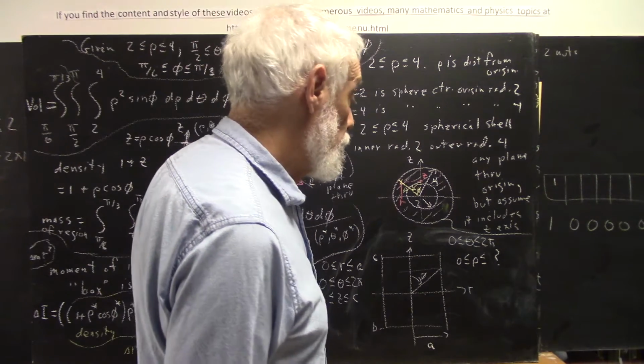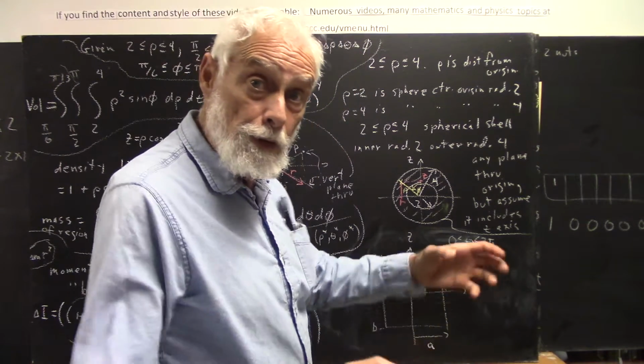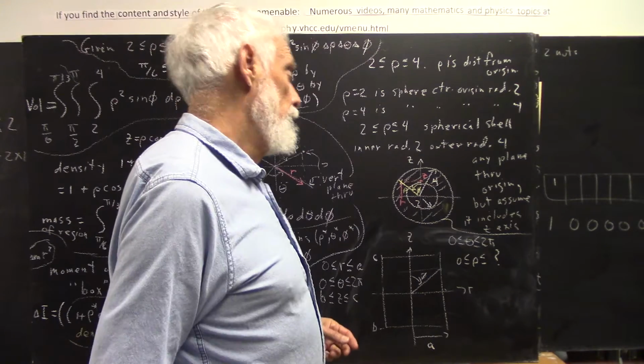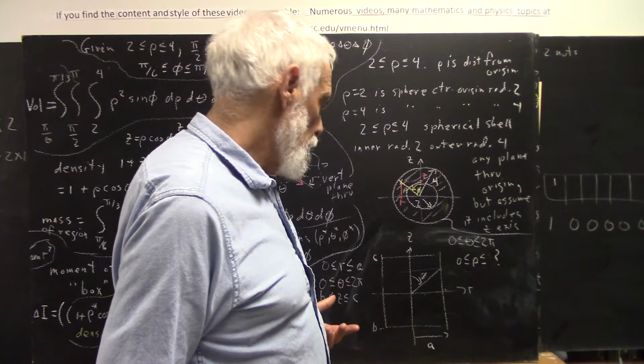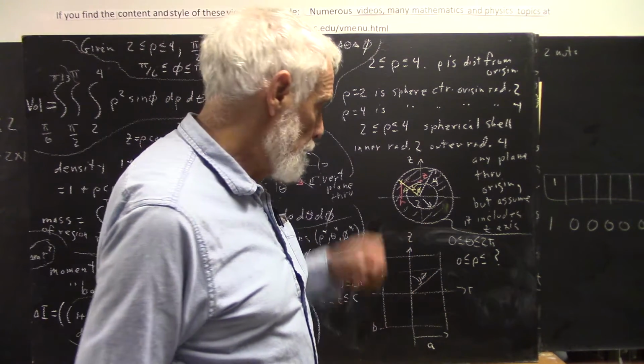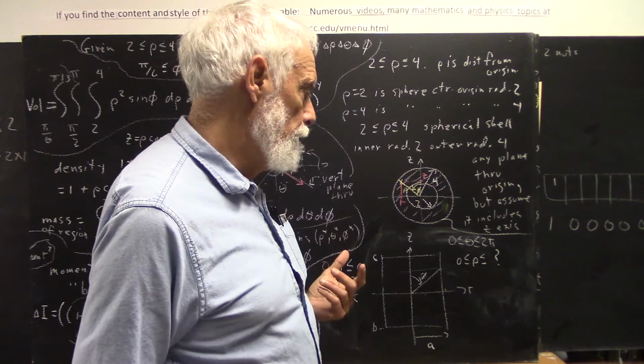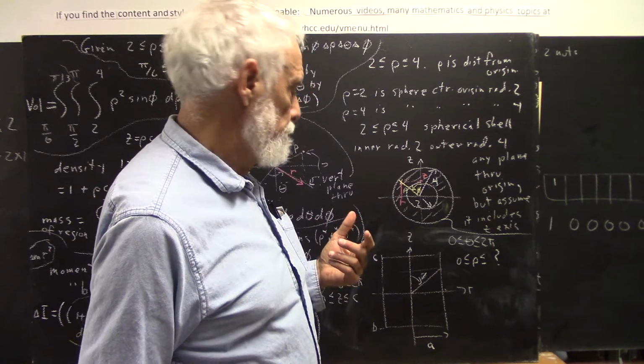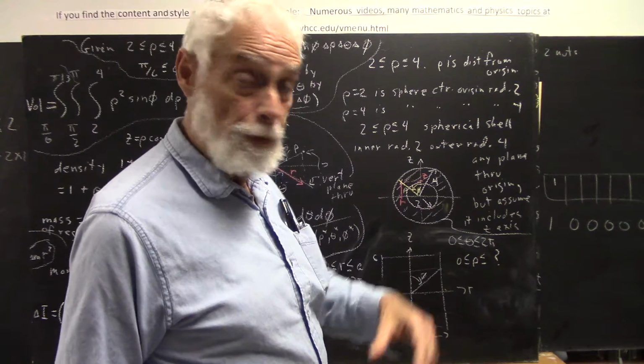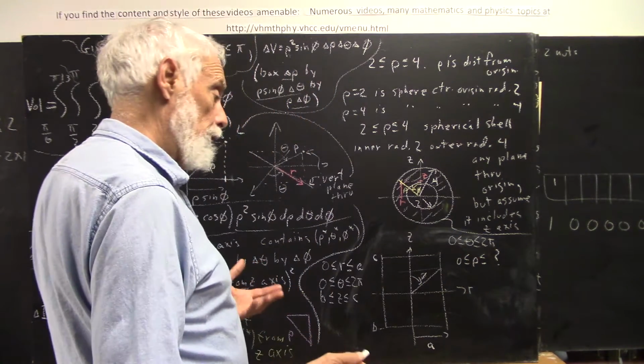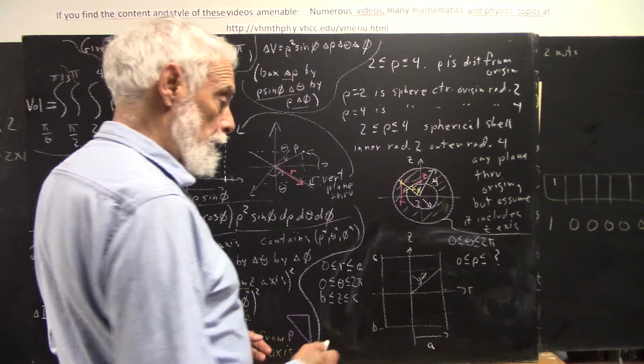Now it's going to turn out that our limits on rho, our distance from the origin, will depend on the angle phi. Well, they won't depend on the angle phi, but you're going to have 2 regions in terms of phi. Actually, in this case, I guess you could have 4 regions.